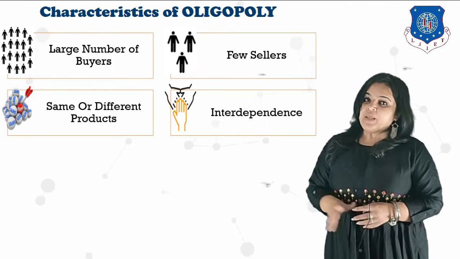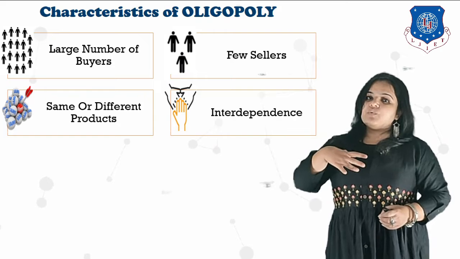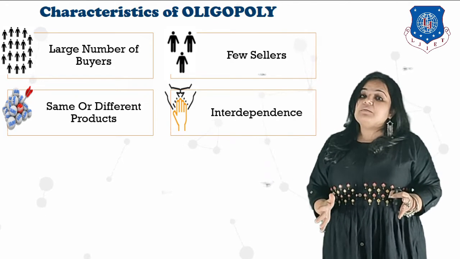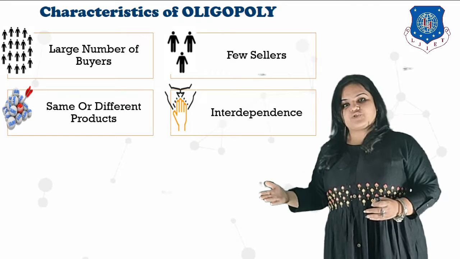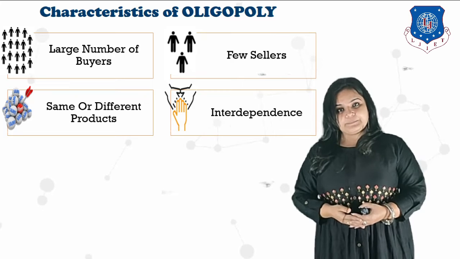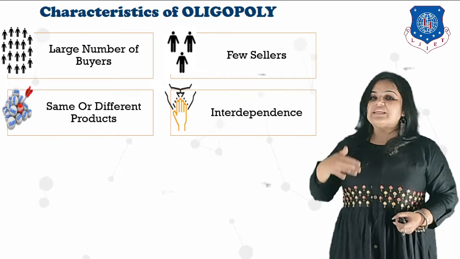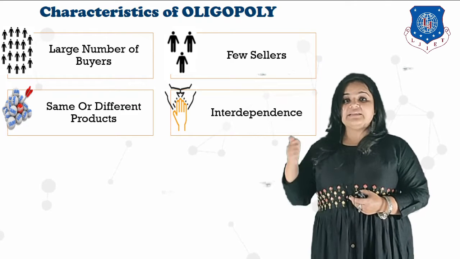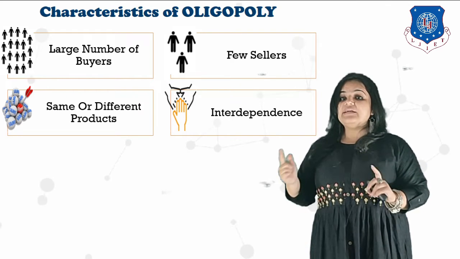Why so? If you try to capture the entire market, you alone would not be able to make such high production. You will have quite less capacity. You will not be able to cater to all the people around, and that is why you are interdependent.